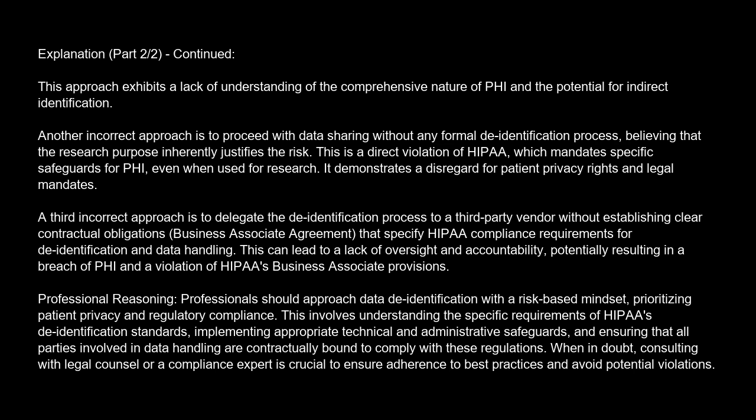Another incorrect approach is to proceed with data sharing without any formal de-identification process, believing that the research purpose inherently justifies the risk. This is a direct violation of HIPAA, which mandates specific safeguards for PHI, even when used for research. It demonstrates a disregard for patient privacy rights and legal mandates.